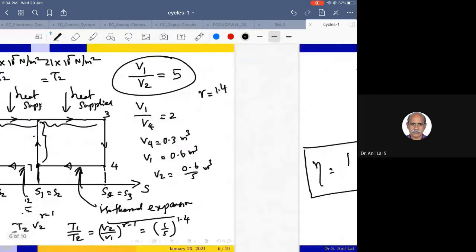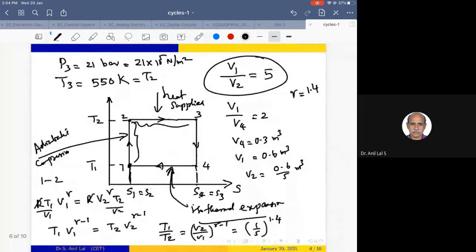So to calculate, you know the pressure at P3. You know P3, so the pressure at 3 is known. So you look at some process by which you can find out the pressure.